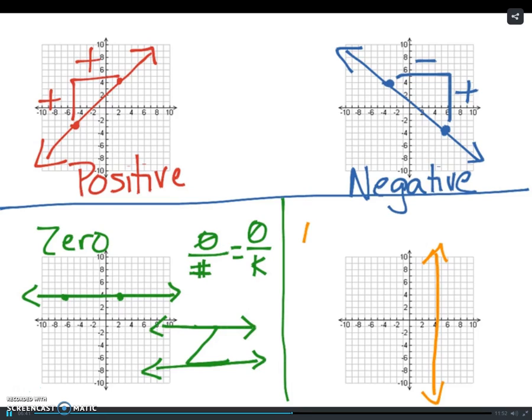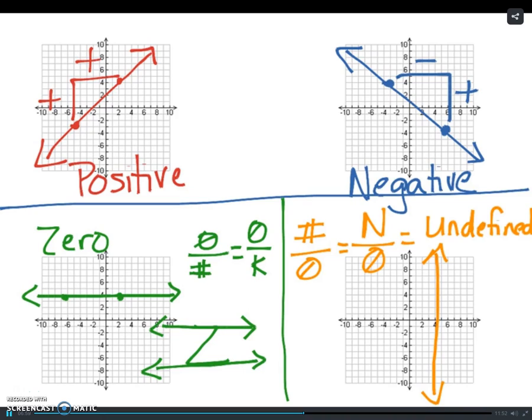So you would have a number on top and a 0 on bottom, and we say that this is a no. That's to help you remember that if you were to try to type it in the calculator, it is going to give you an undefined slope. It'll give you an error, and anytime you get an error, that just means that it is an undefined slope. So this one is undefined.